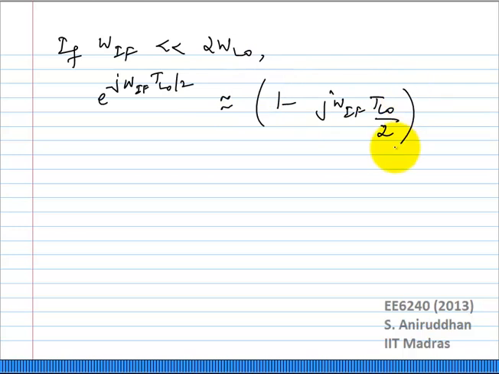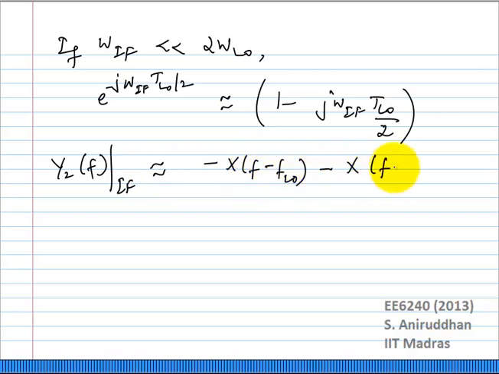So I can make this approximation when omega IF is much smaller than omega LO. And y2 of f evaluated at the IF frequency becomes approximately minus x of f minus FLO by 2. Okay?